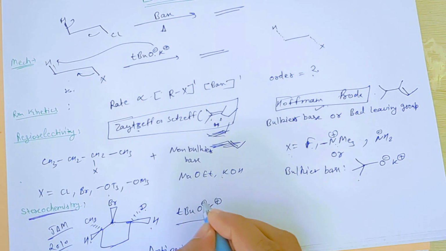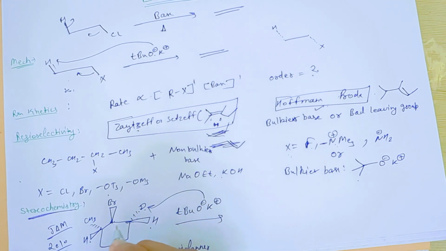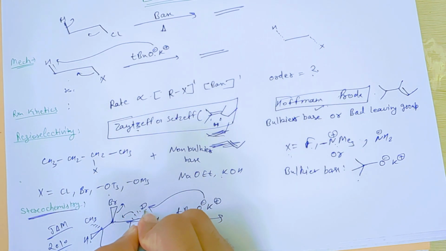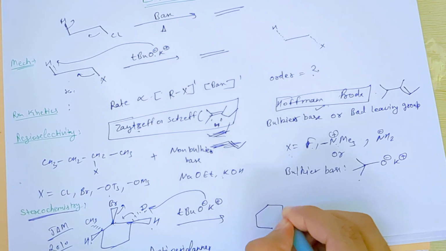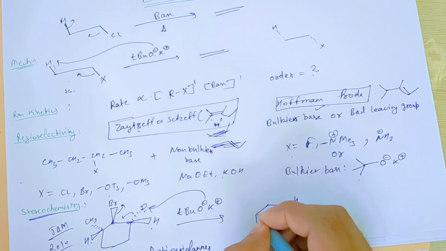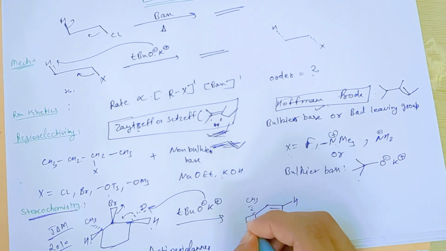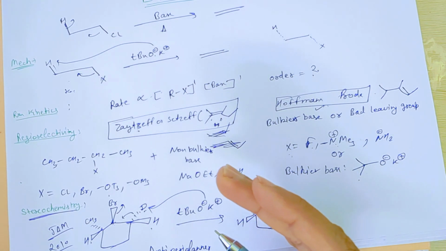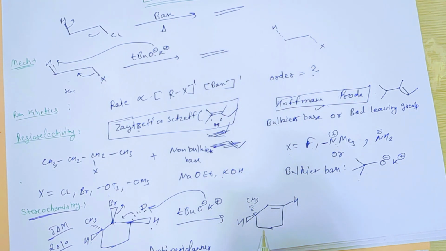So that's why this base will abstract this proton, okay, and this bond will break like this, and this C-X bond will break, and the deuterium will be abstracted, and the formation of alkene occurs. And here is hydrogen, and here is CH3. So from stereochemistry you can say always the anti-periplanar proton will be abstracted, okay. So this type of reaction is the E2 elimination reaction.